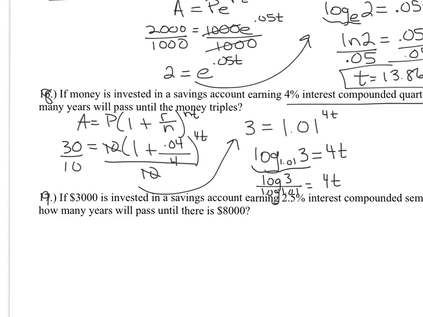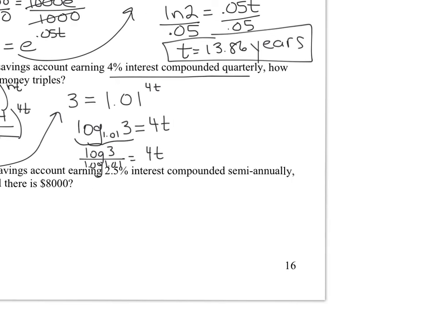And that would just be in your calculator. Once you get that number, you're going to divide that by 4. So make sure you're learning to type this in the calculator, so you're typing it as I am, so that way you're practicing yourself. So log of 3 divided by the log of 1.01, and that gives you approximately 110.41.